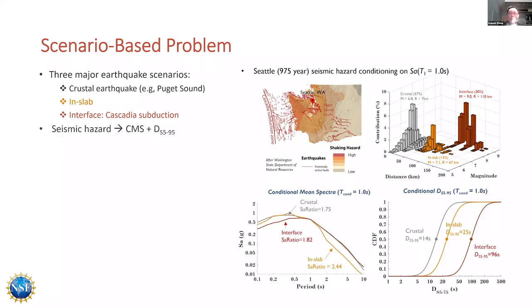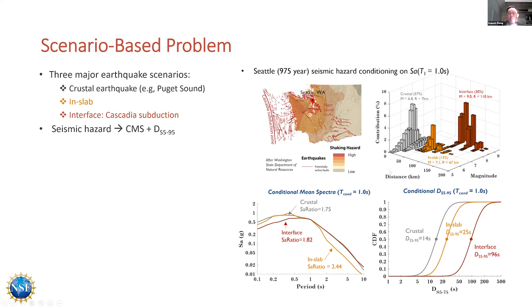The idea here is we first quantify the differences in the seismic hazards using the CMS and the duration factor. In the bottom right, I show two figures to contrast the CMS and the duration distribution for the three different seismic sources.